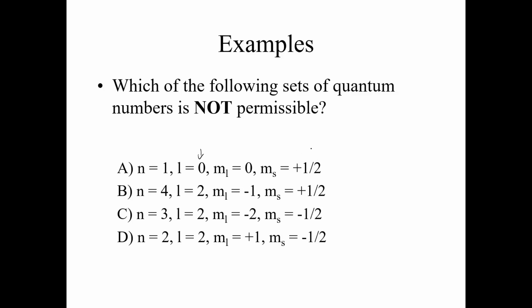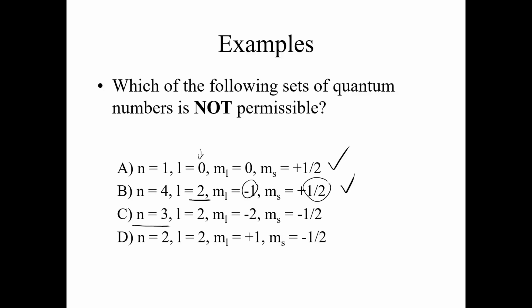Plus 1/2 and minus 1/2, so that's fine. This one is possible. Here we have a quantum level 4. We can have l as 3, 2, or 1. That's fine. If it's 2, m sub l can be from -2, so -1 is perfectly fine, and plus 1/2, so this one looks like it's doing okay too.